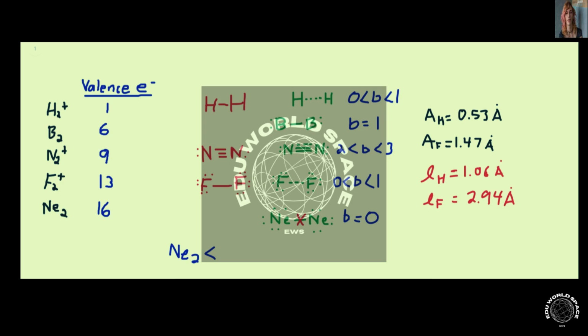Think about it this way: it's easier to break a long stick than a very short one. So we can assume that when we take out an electron, it affects the bond to the same degree. So F2+ is going to be weaker than H2+.